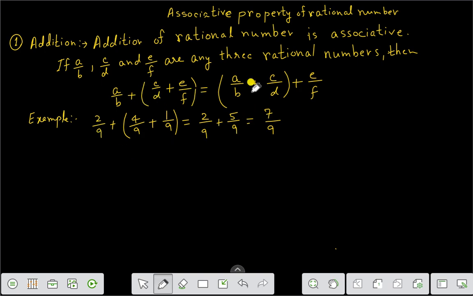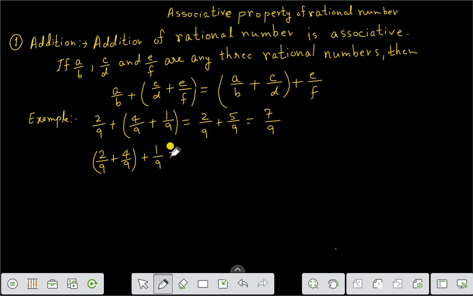Now if we write in this order, that is 2 by 9 plus 4 by 9 in bracket, plus 1 by 9.